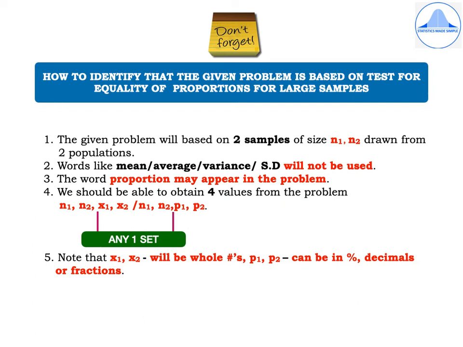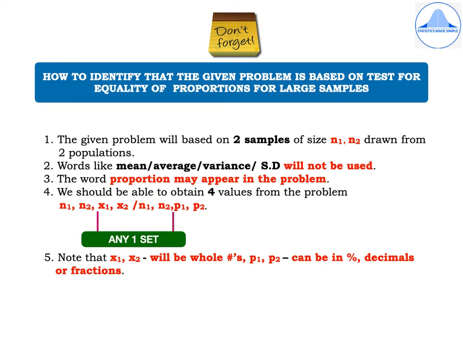Now, if the word proportion is not used, let us learn how to identify that the given problem is based on the test for equality of proportions for large samples. Firstly, the given problem will be based on two samples of sizes n1 and n2 drawn from two populations, and words like mean, average, variance, standard deviation will not be used. The word proportion may appear in the problem.